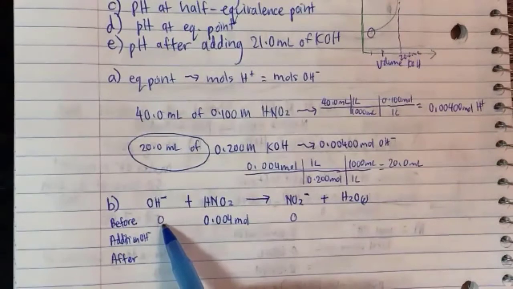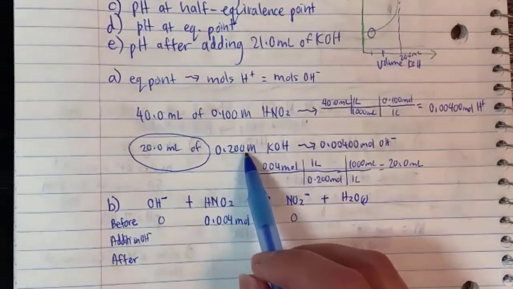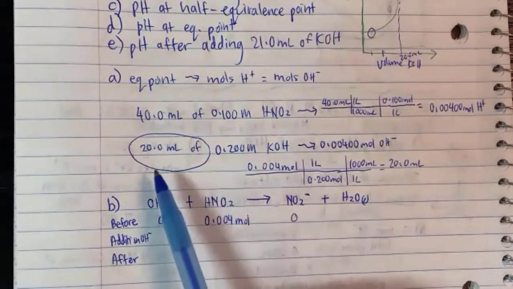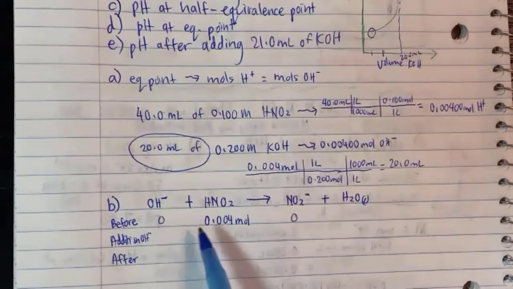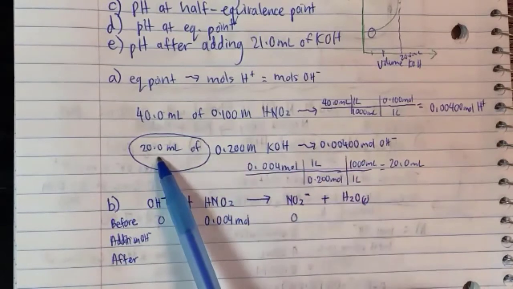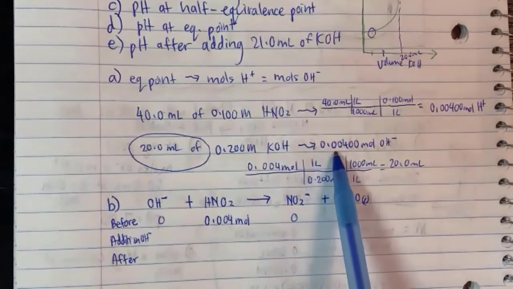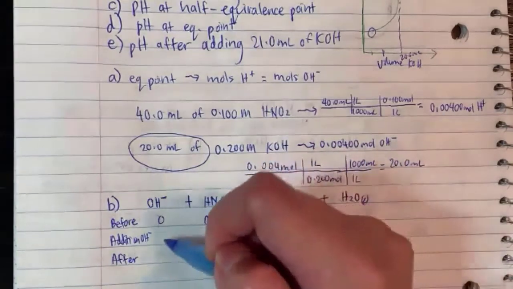Now we're going to add 5 mL of 0.2 molar KOH. So you have to find the moles in 5 mL. If you can't do this in your head, 20 mL gives you 0.004, and 5 is 1/4 of that, so it should give you 0.001. Can you guys see that?